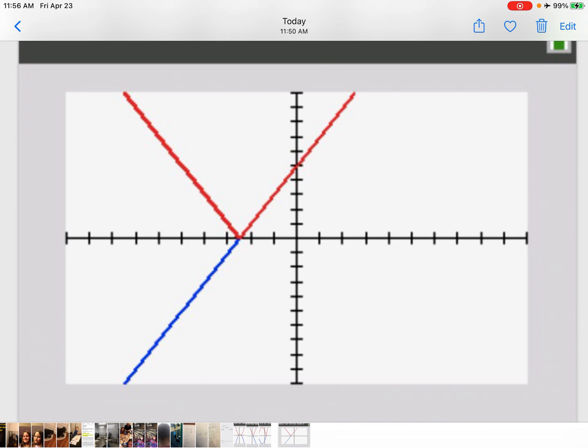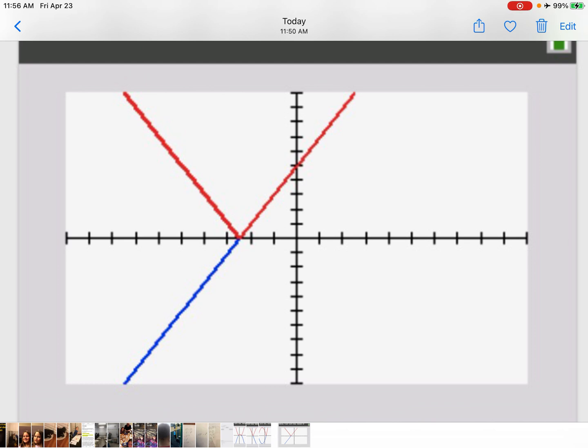That's the blue graph that starts in the third quadrant, and then it continues and becomes the red graph. The second function is the red one. For part of it, it's the exact same as y equals 2x plus 5, but for the other part, it flips over the x-axis.